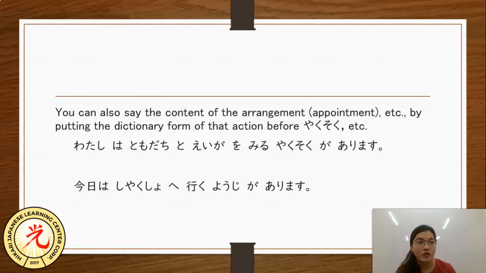So, yung action mo here, or the verb here, is pupunta ka ng city hall today. So, that means 今日は市役所行く. And then, 用事 because that is your appointment. And then, ga arimasu. Okay? Since that is the subject na kung anong meron kang appointment.